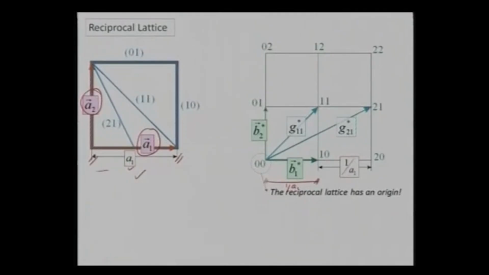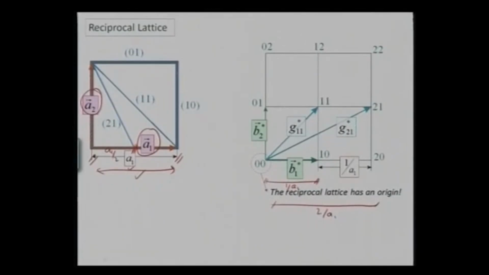So I had a length of unit 1 which becomes 1 by A1. So this particular point which was A1 by 2 now becomes 2 by A1. So I had this particular length, this becomes now 2 by A1, and so on.